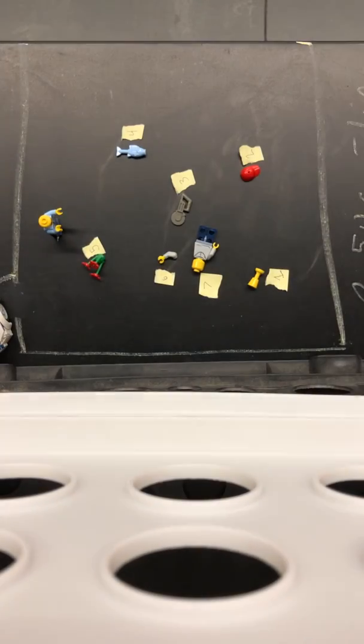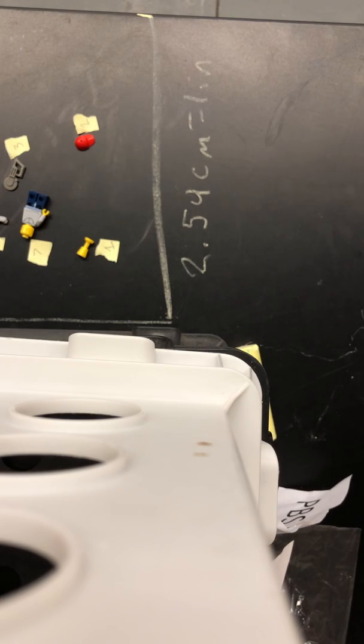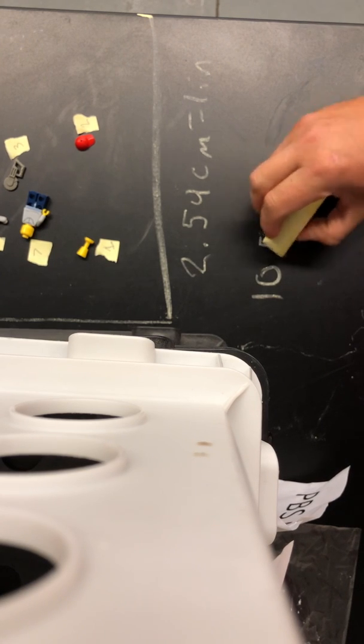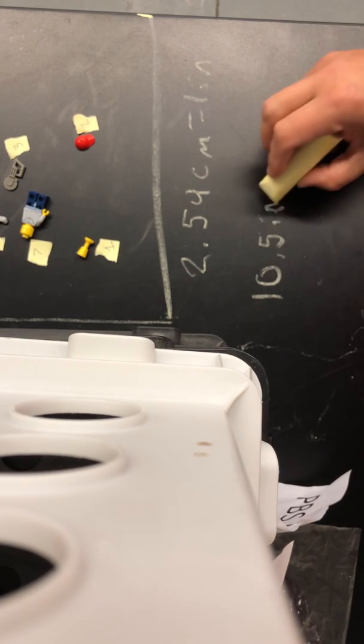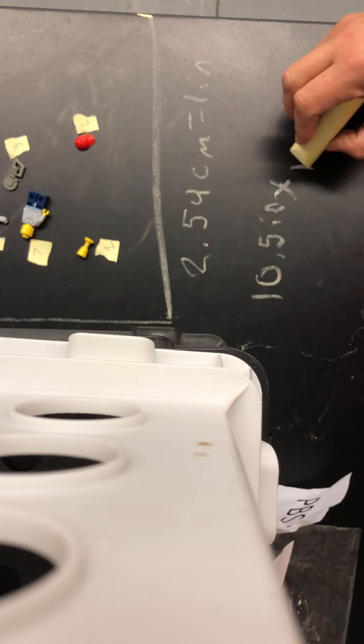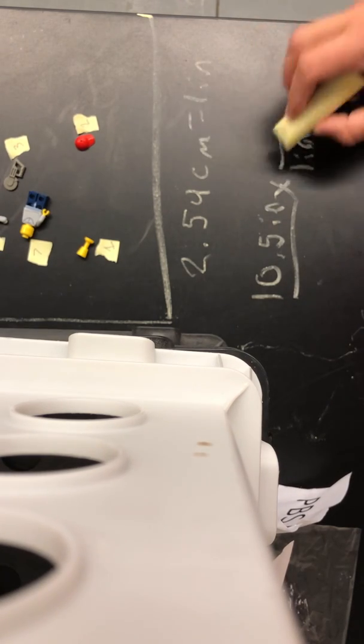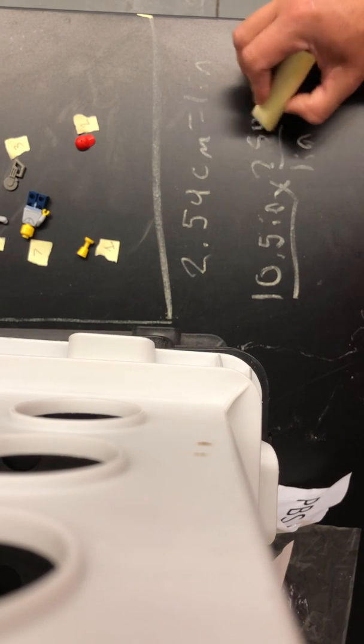So 10.5 inches would be, if you look at our little conversion factor down here, 2.54 centimeters equals 1 inch. So if I have 10.5 inches, you put 1 inch down here, and you put 2.54 centimeters up here.